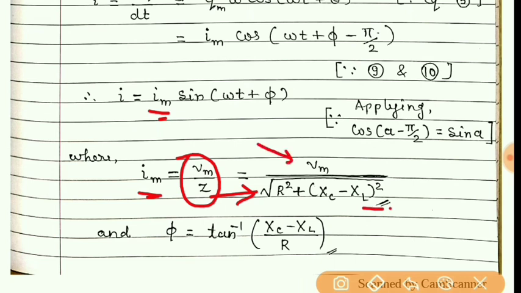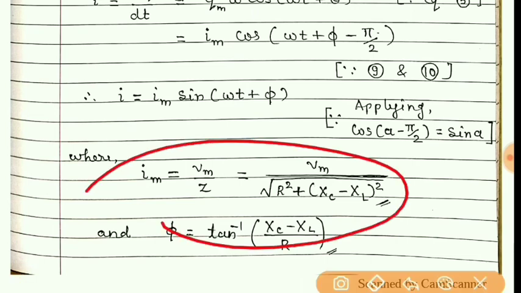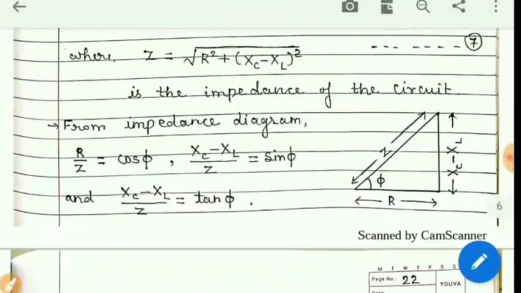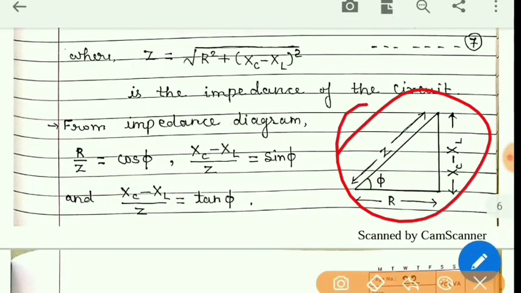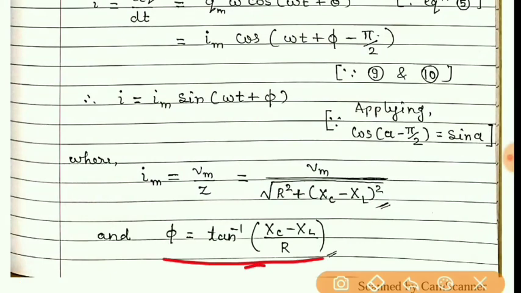Vm as it is. Angle phi is tan inverse of this. So these are now nothing new for you. This is obtained from the figure only. From the figure you can say this. So finally I have written this.